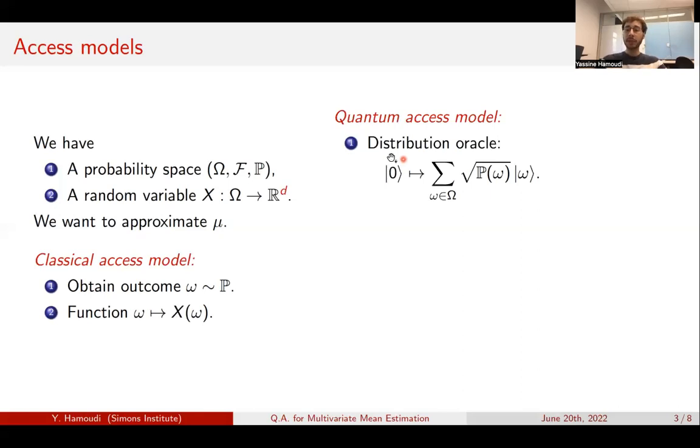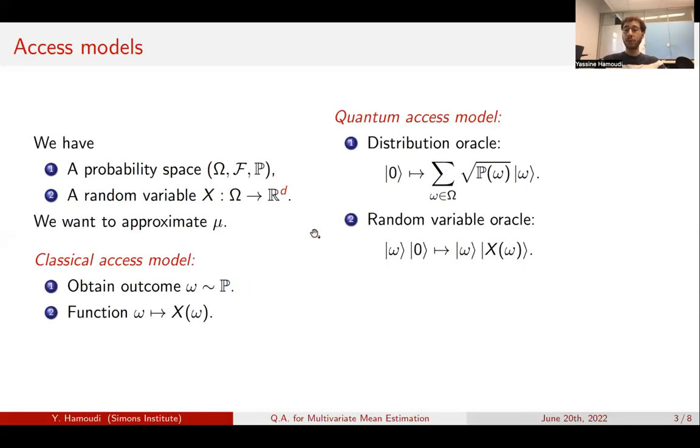If you apply it on the all-zero basis state, it will produce as output a quantum state, which is a superposition over the elements of the sample space, with the amplitudes encoding the probability distribution. So in particular, if you measure this state in the basis defined by the elements omega, what you will obtain is exactly the same thing as if you use the first step of the classical input model.